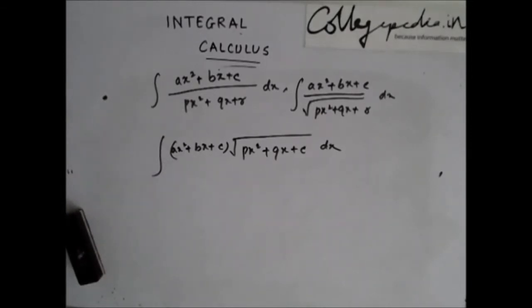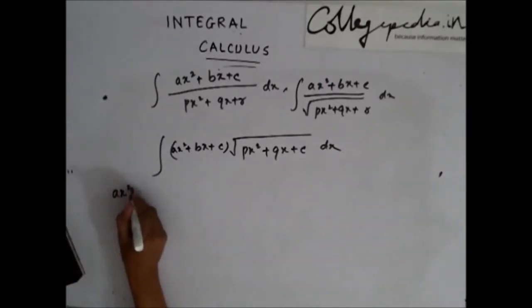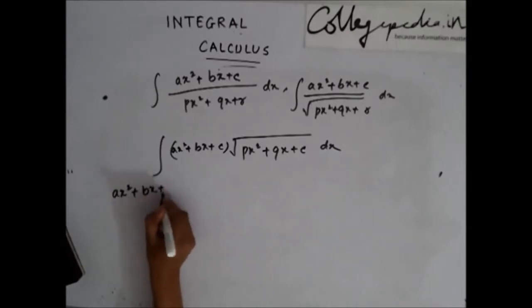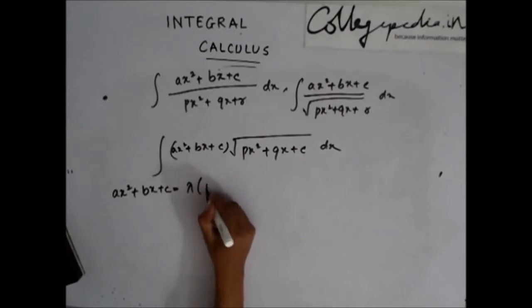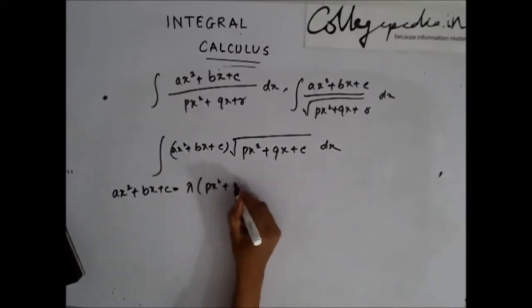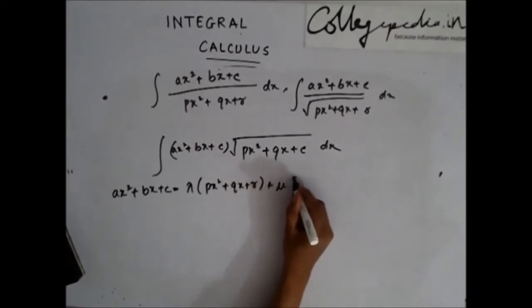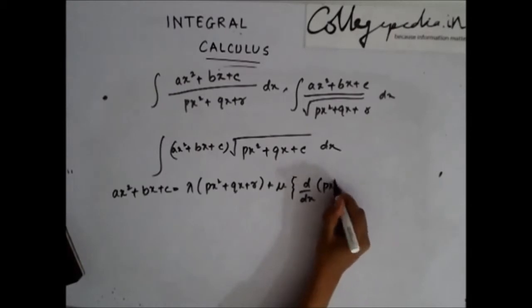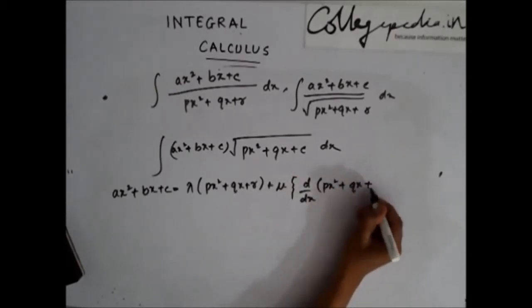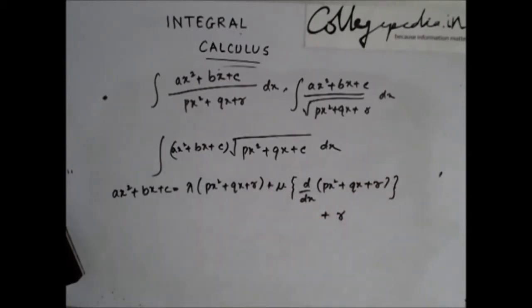Now if you have equations of this form, then what do you do? In that case, first of all, try to write ax square plus bx plus c in terms of lambda times px square plus qx plus r plus mu times derivative of px square plus qx plus r plus a constant gamma.